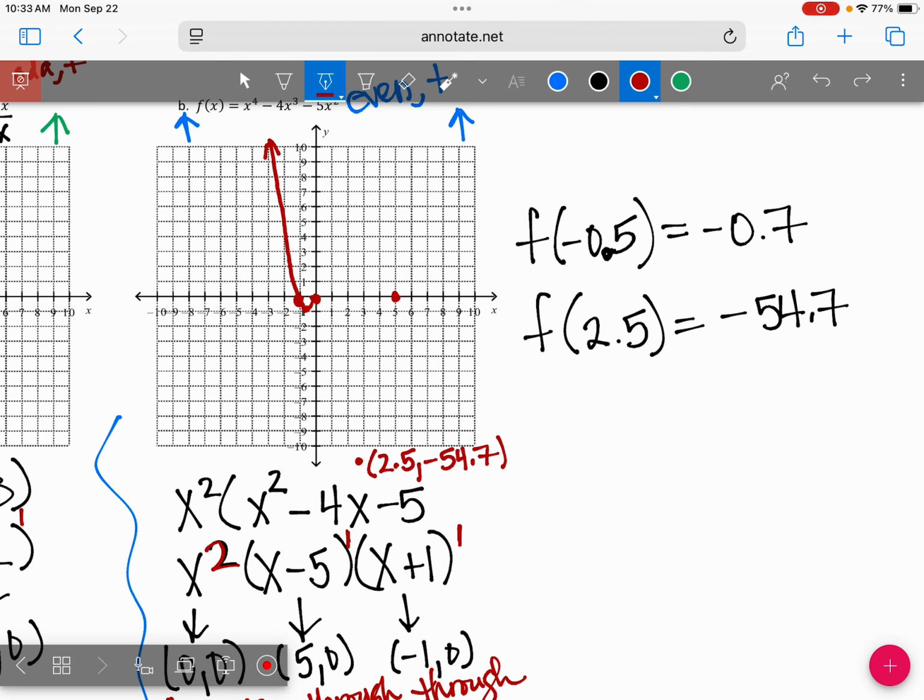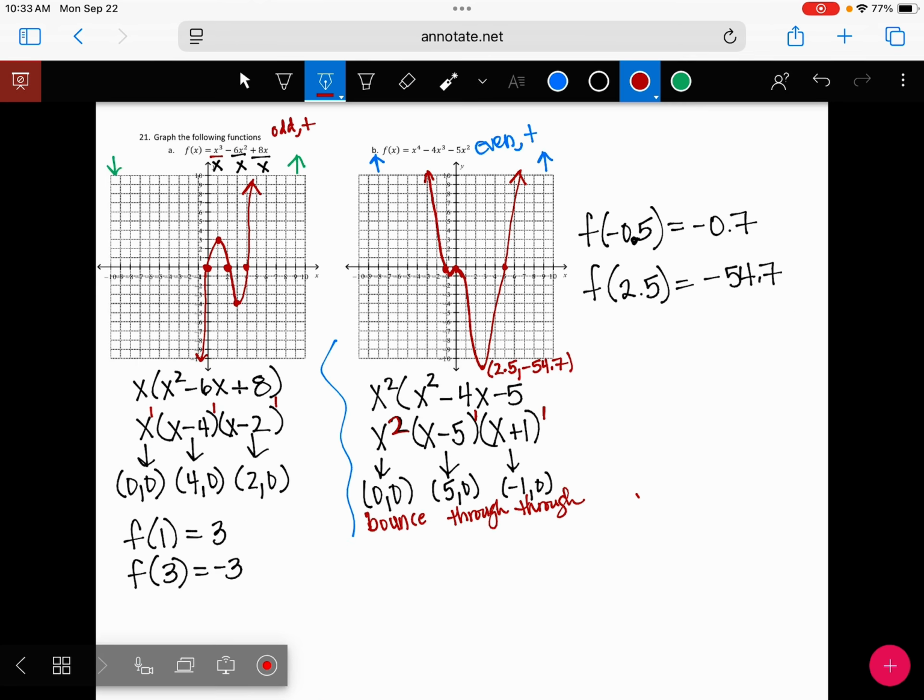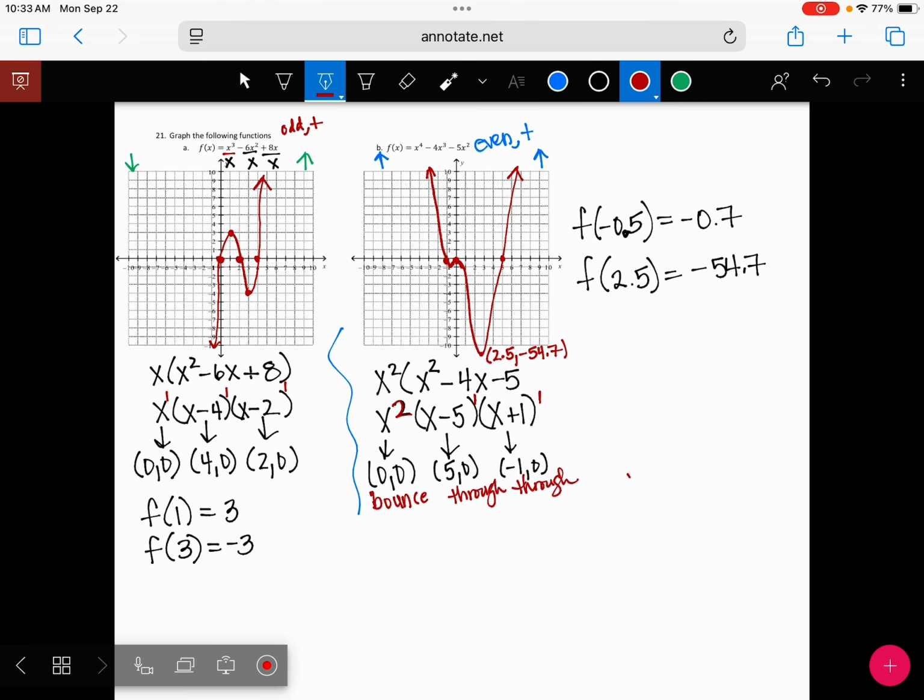Okay, I'm trying to make this not look crazy, but okay, there we go. That's better. All right. So it's only touching these 3 places. There is a bounce there, and my end behavior does check out. So this is okay, and that is our quiz review for chapter 4.